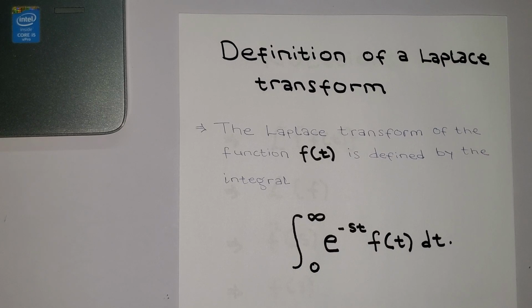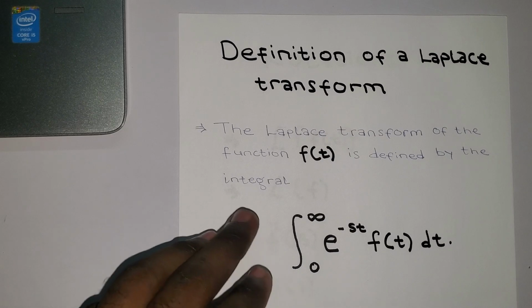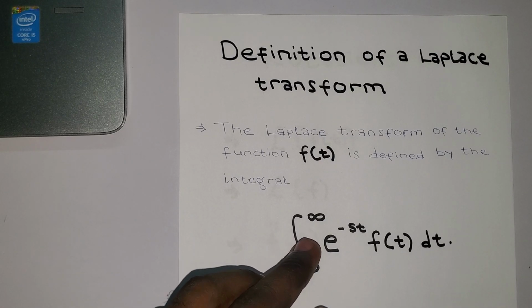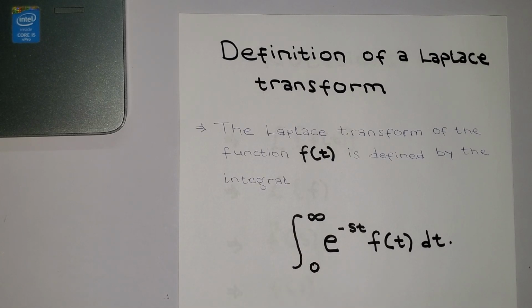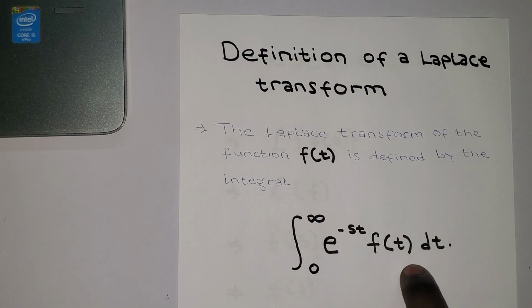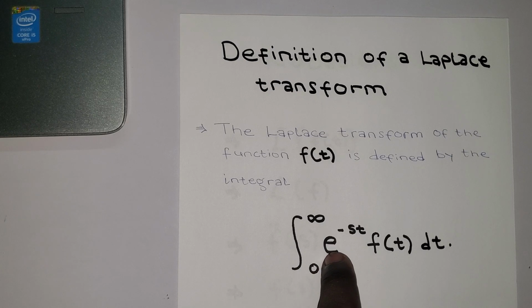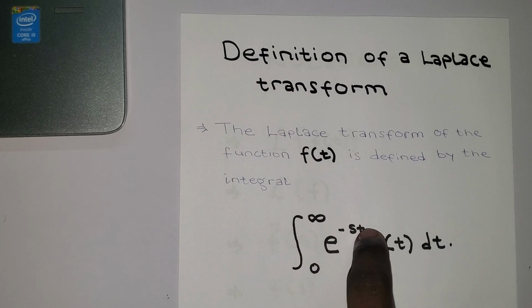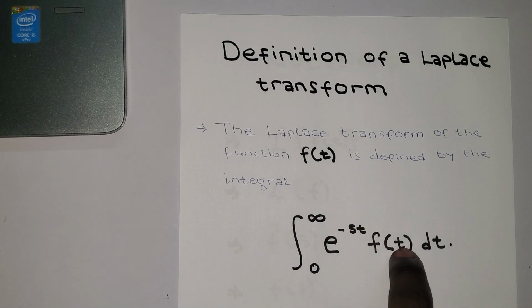With that in mind, we can define the Laplace transform as follows. The Laplace transform of a function f of t is defined by the integral of the function, which is the input f of t, multiplied by the number e to the power negative s times t, where t is the same variable as in the function.